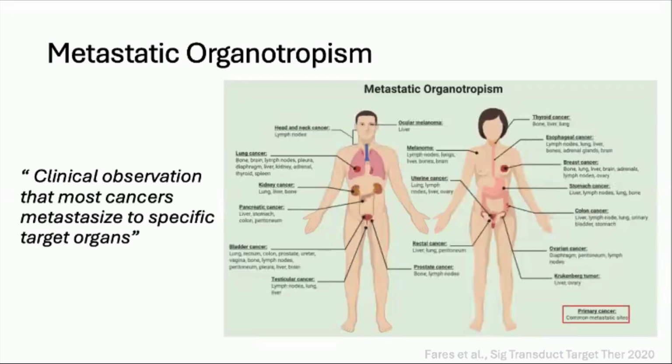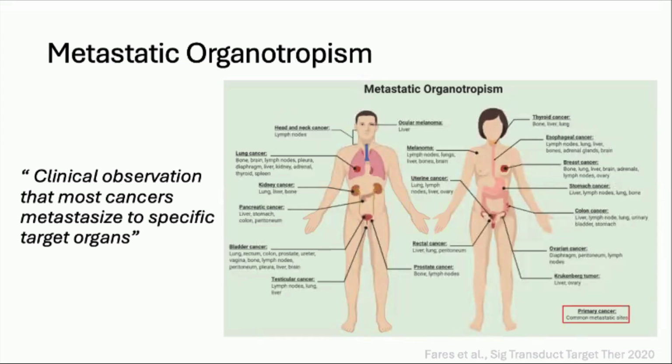Now, metastatic organotropism is this clinical observation that most cancers will metastasize to specific target organs. We know for prostate cancer, it commonly metastasizes to bone and lymph nodes. In testicular cancer, we're quite familiar with the primary landing zones, such as retroperitoneal lymphadenopathy, as well as bladder and kidney cancer, and various other cancers, all have areas that they will target in specific secondary organs.